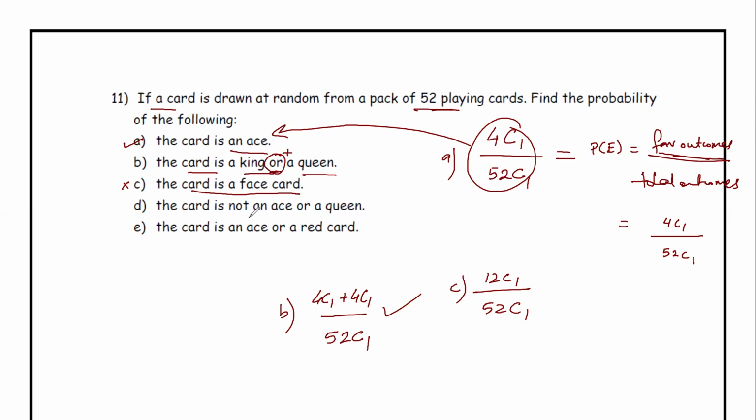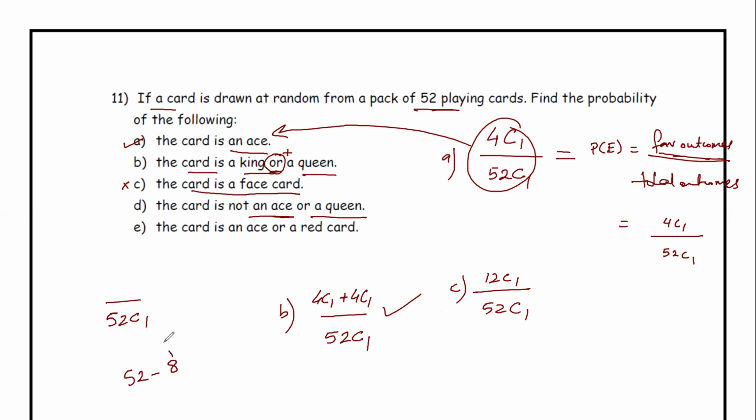Then D, the card is not an ace or a queen. Interesting question. Now, what do you do? How do you solve this question? First of all, write down your total outcome 52C1. The card is not an ace or a queen. So that means it could be any of the remaining 52 minus 8 cards, right?